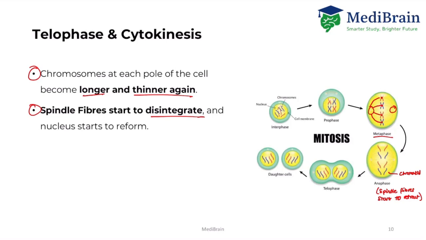So as you can see over here, the nucleus has started to reform. These chromosomes have become longer and thinner. Okay, so in telophase, your nucleus is basically reforming, and these chromosomes have become longer and thinner.